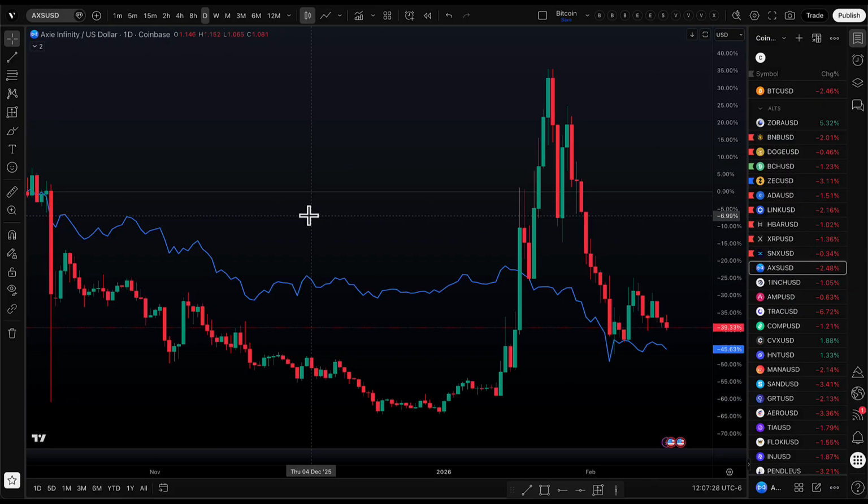Now, what about Axie Infinity? What can we see here? Well, most of the time, Bitcoin was above. Just recently, Axie went above, showing just unbelievable strength here. And of course, from one perspective, you would say, well, you've been above recently, but that's just a recent phenomenon.